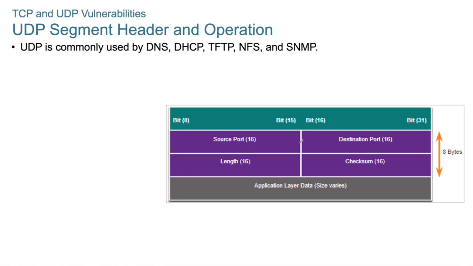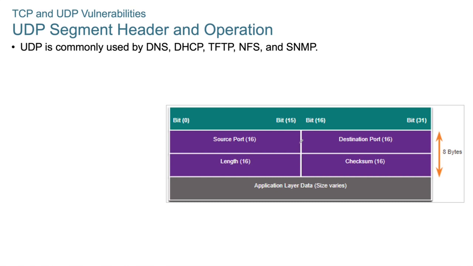The UDP segment structure looks like this, as you see in the figure. UDP divides data into datagrams, whereas TCP divides data into TCP segments. However, the generic term segment is commonly used.